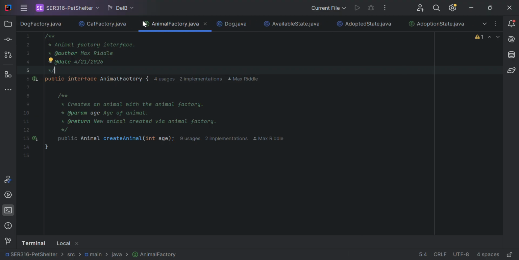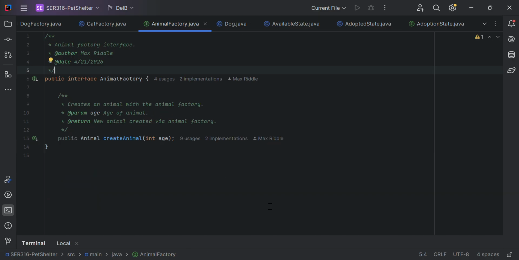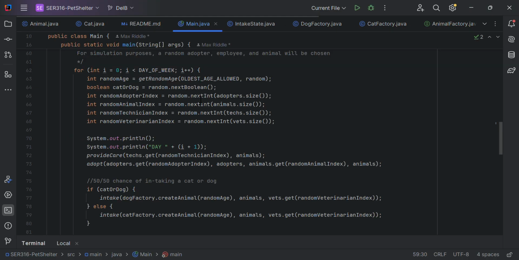And then I have the state design pattern as my next design pattern, and this is used to provide care to the animals depending on what state of the adoption process they are in. So the way that these two integrate together can be seen here in my main method.